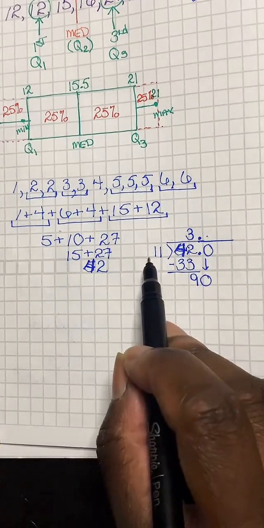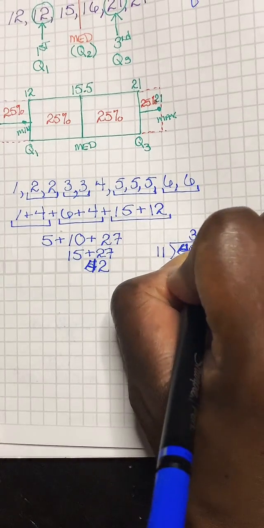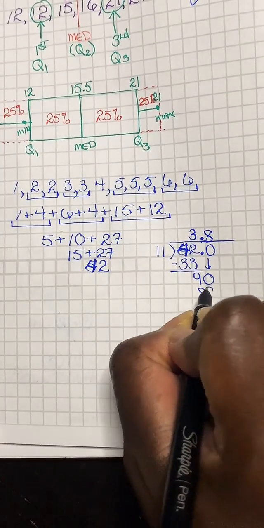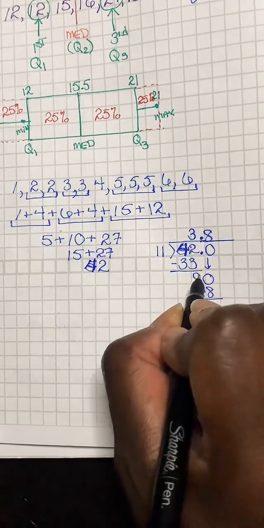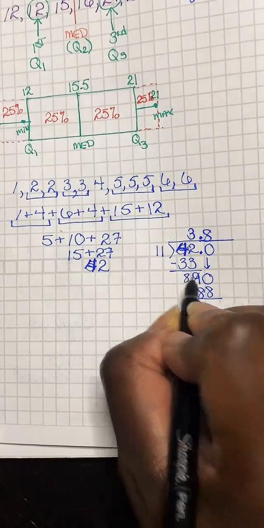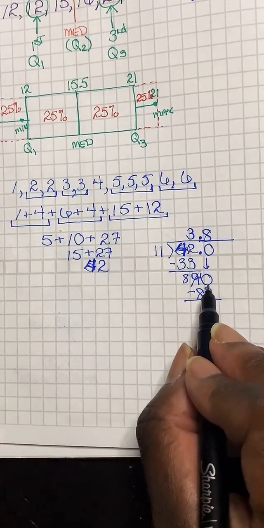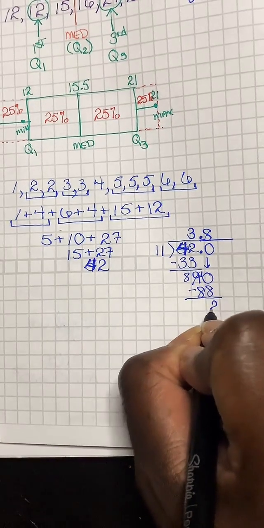How many 11s can go into 90 without going over? That would be 8 of them. Borrowing from the 9 to make it an 8, and adding the 10s over to the 0 makes it a 10. 10 minus 8 gives me 2.